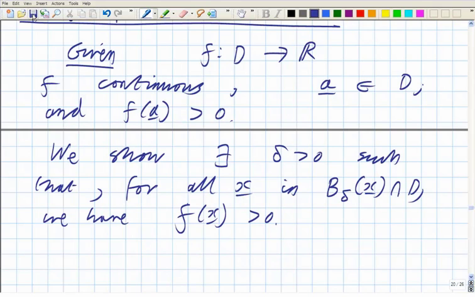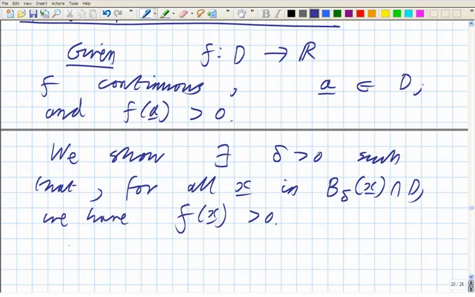Well, we know that the function is continuous, so we can use the epsilon-delta definition of continuity. We know that for every positive real number epsilon, we can find a small delta that guarantees that the function stays close nearby. So you could actually get away with epsilon equal to f of a, but I'm going to play it safe and take epsilon equal to f of a over 2, just to show you sometimes that would be a good idea. So that makes it even safer.